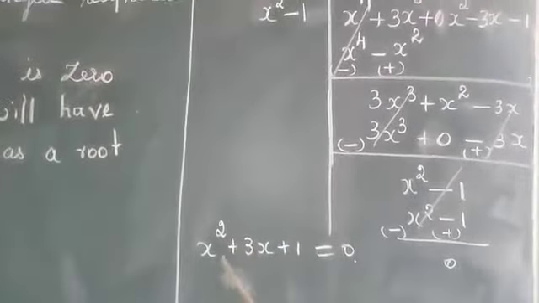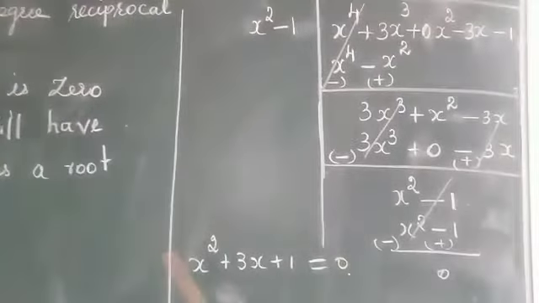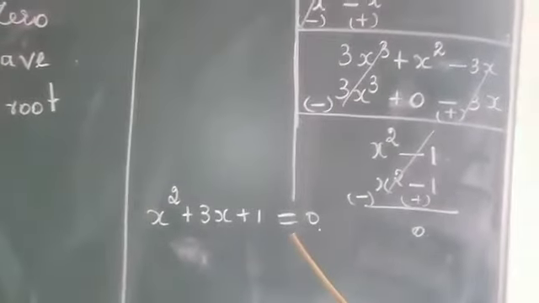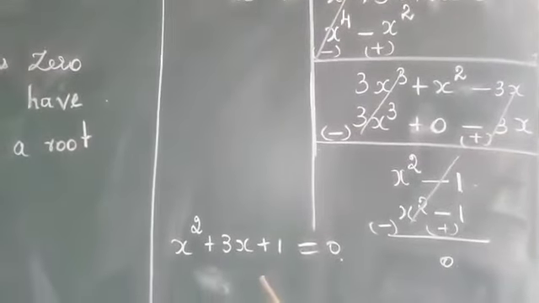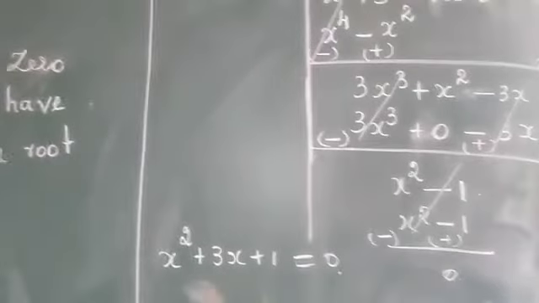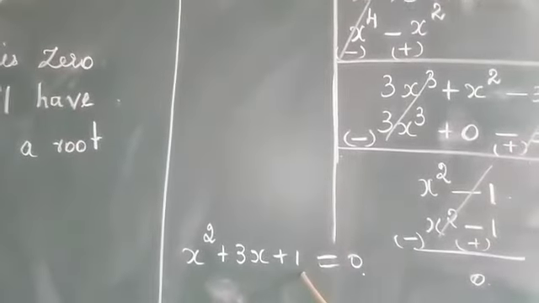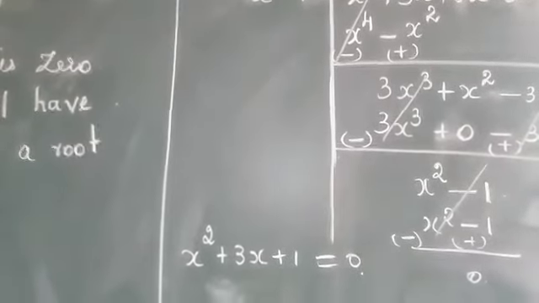Finally, we found the quotient, that is x square plus 3x plus 1 is equal to 0. From the beginning itself, since the middle term is 0, we got two solutions for this equation, that is x equal to 1 and x equal to minus 1. Now by solving this quadratic equation by factorizing, we can get two more roots for the given equation.